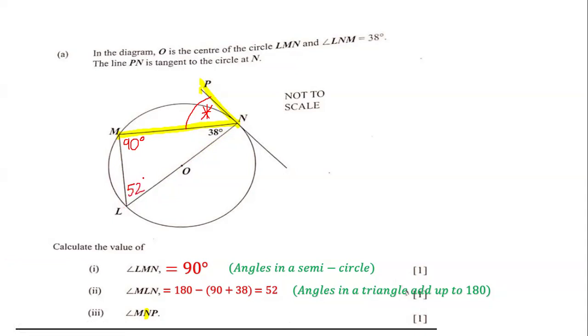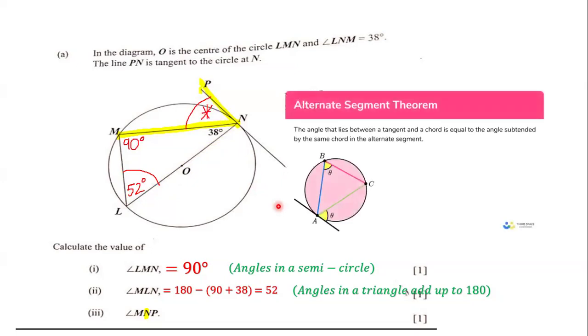In order to answer this question, because we want to figure out what is this angle right here, the first thing we're going to do is use the alternate segment theorem. The alternate segment theorem says the following: the angle that lies between a tangent and a chord is equal to the angle subtended by the same chord in the alternate segment.